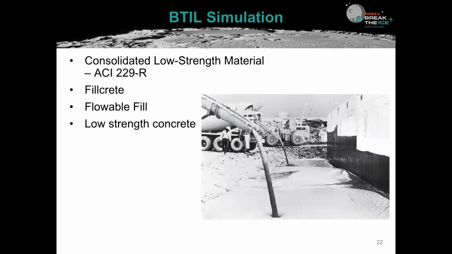So it was developed to use just really low strength concrete, which basically you pour in to fill it up. And it became like a pretty robust soil deposit. So this is the material we've selected to do the simulations with. Let's go to the next slide, Ollie.